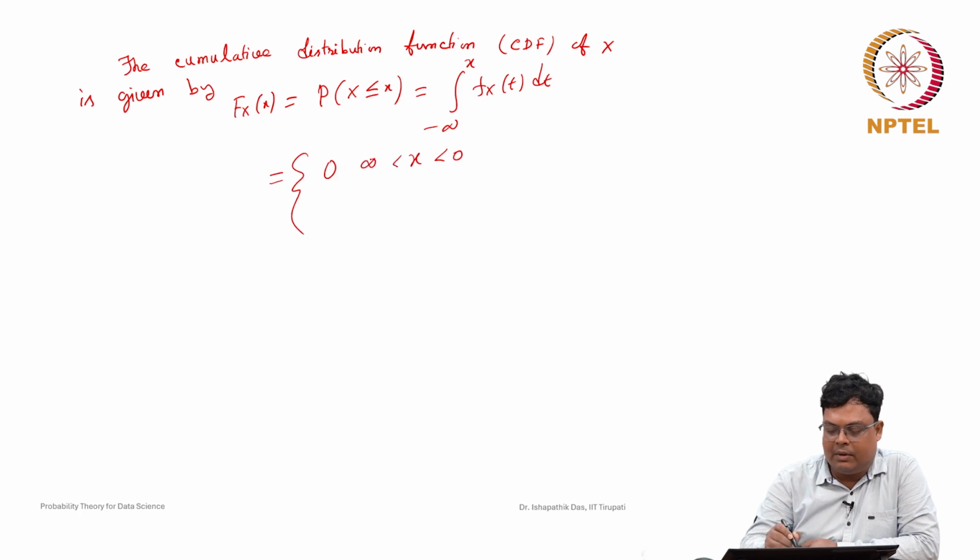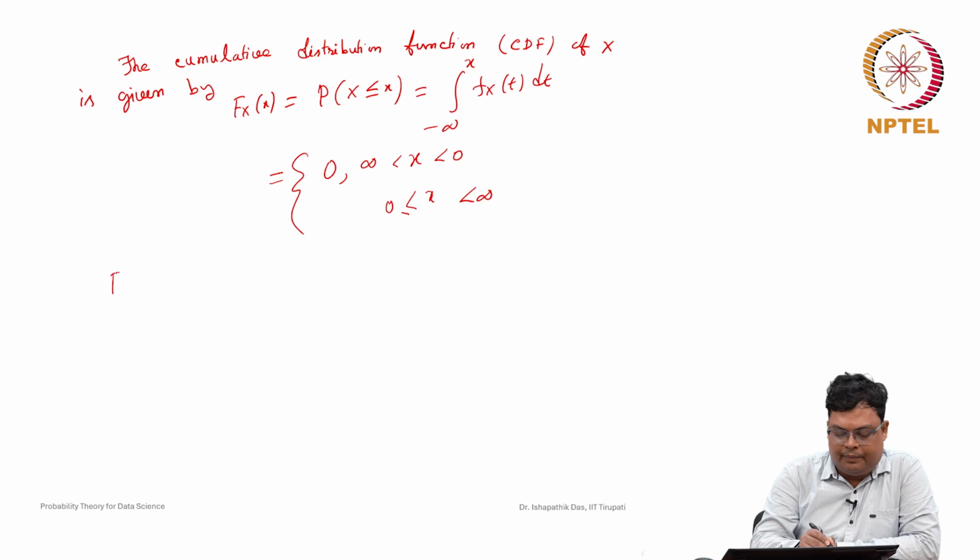Whenever x is greater than or equal to 0, it is computed from the density; at x equal to 0 it is 0, so in both cases we can see that.